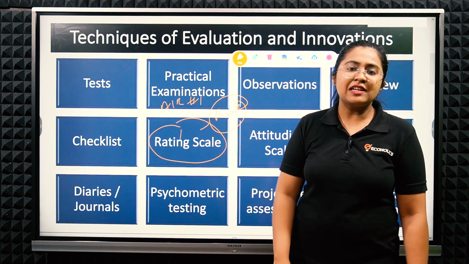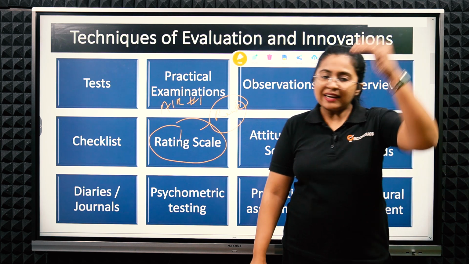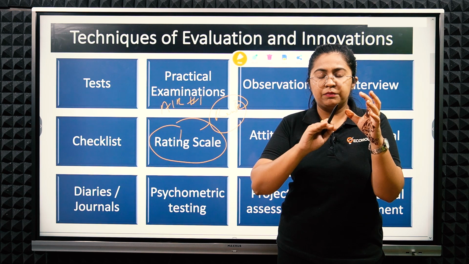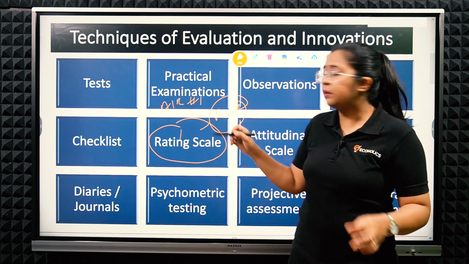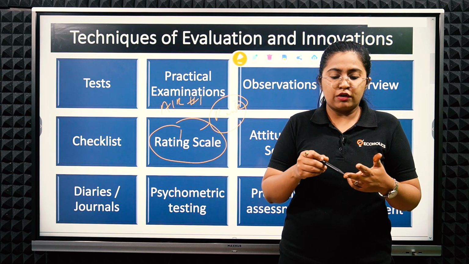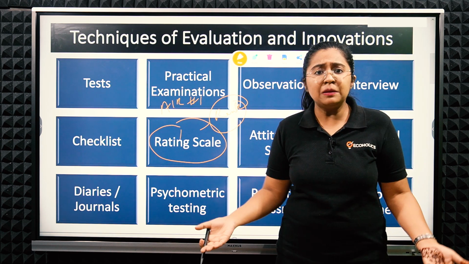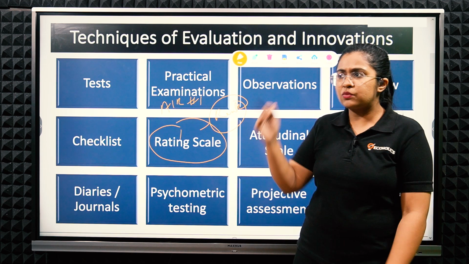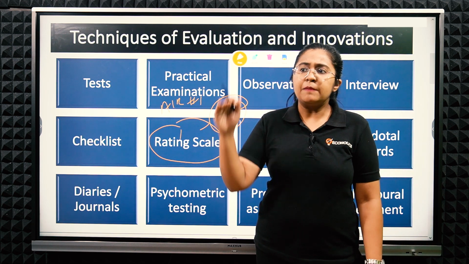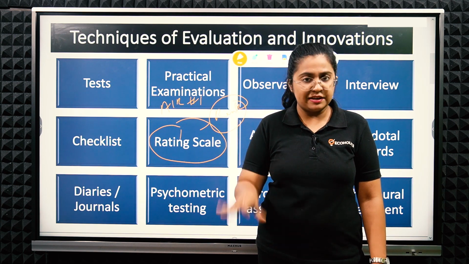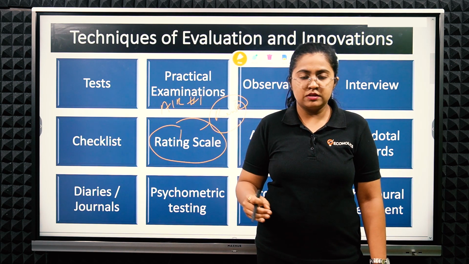So rating scales normally categorize students through various ranks, on the basis of their percentile, their percentage, or any other parameter that particular examination has. So a rating scale is a way to evaluate and categorize students or candidates according to their performance, right?